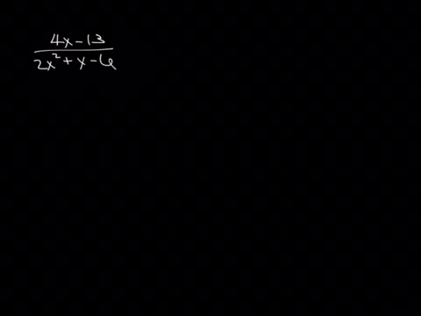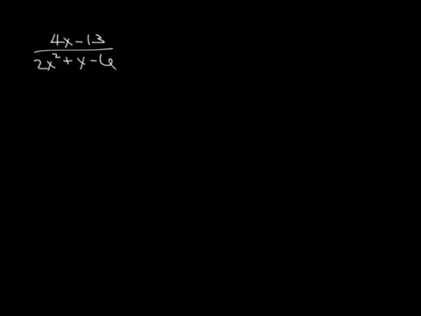So there's our expression, and the good news is the degree of the numerator is less than the degree of the denominator. This is the one that I just had written on there before, and we're going to decompose this into partial fractions.